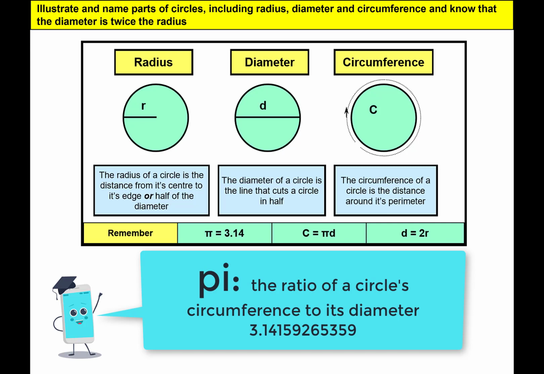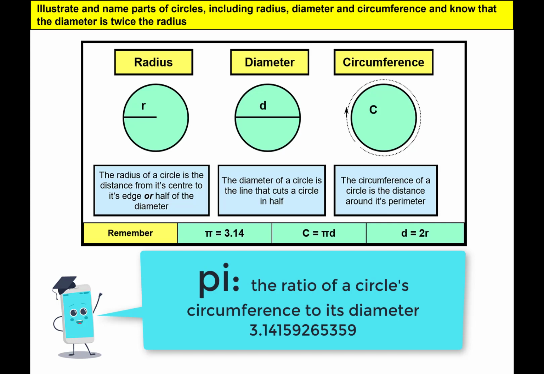The next calculation, we've got C equals pi d. What this means is that the circumference, which is represented by the letter C, is equal to pi multiplied by the diameter. This is bringing in algebra.